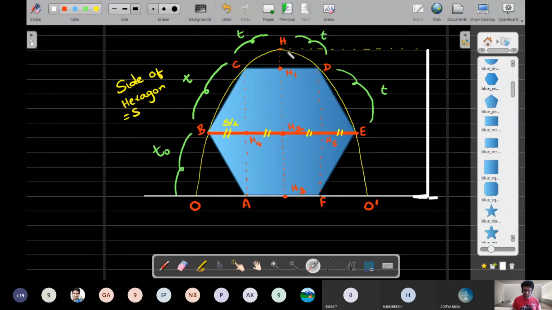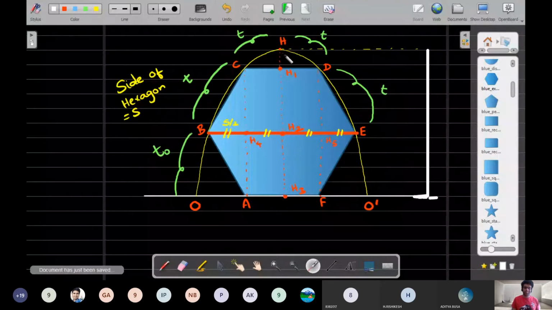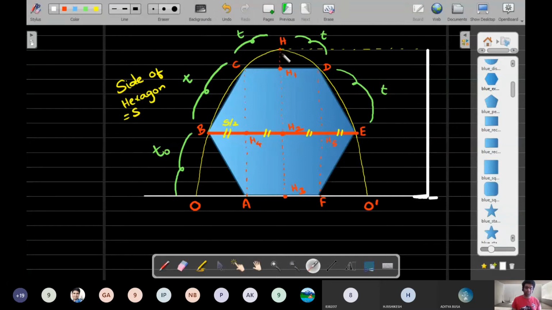Can you see this particular line is actually parallel to this line. So instead of drawing it as a separate line here, you can talk of projections onto this particular line here. Okay, right? So when H to D it moves, that projection, or the shadow or whatever component that you can think, has fallen from H to H1.